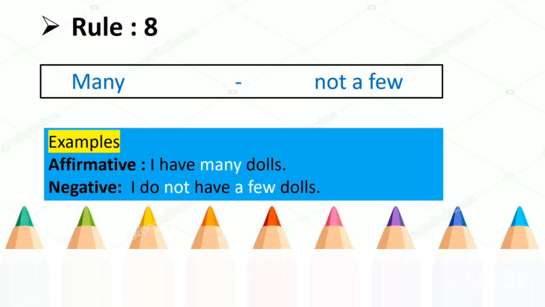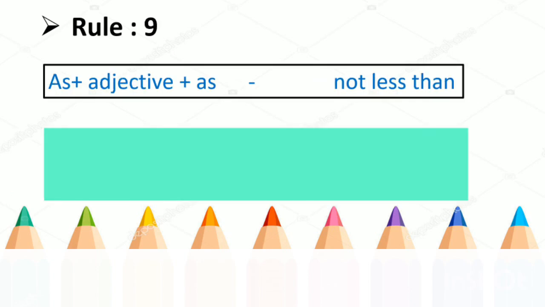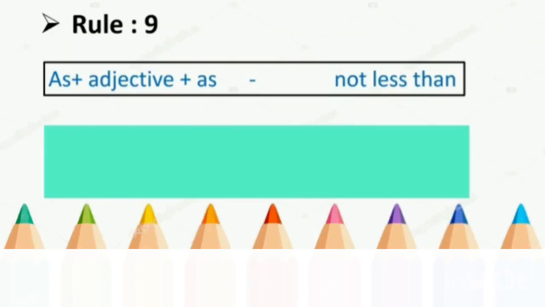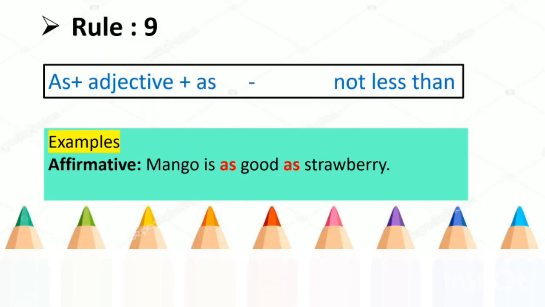Rule number 9. When you are given as plus adjective or adverb and then again as, as you can see in the degrees of comparison, that is positive degree, you have to use not less than, which is the structure of comparative degree. So it will make your sentence affirmative to negative. Let's see the example. Mango is as good as strawberry.